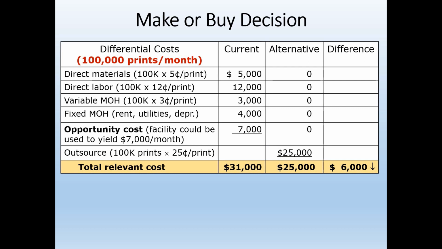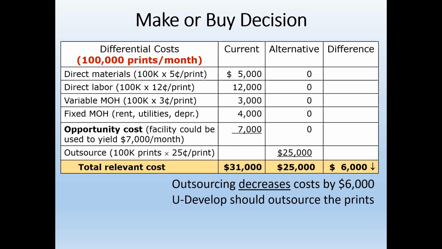So the difference between making the prints and getting them externally is $6,000. In other words, outsourcing now decreases the cost of 100,000 prints by $6,000. So UDevelop would probably decide to outsource the prints.